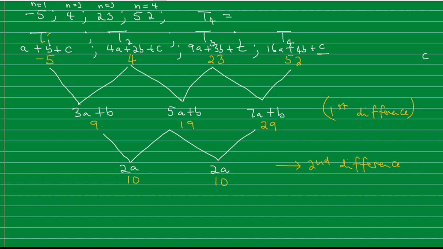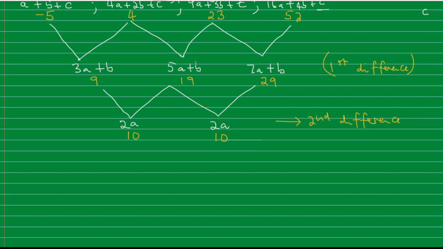So I'll put it down here like this. Let's write the numbers. I'm now going to write the numbers here: -5, 4, 23, 52, and so on.